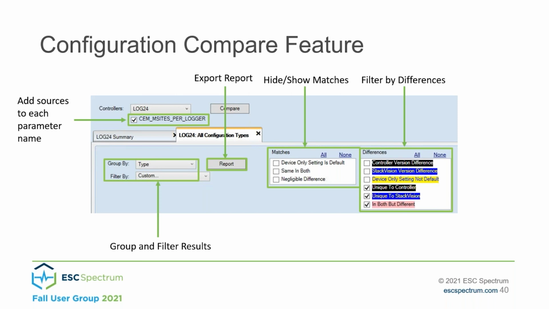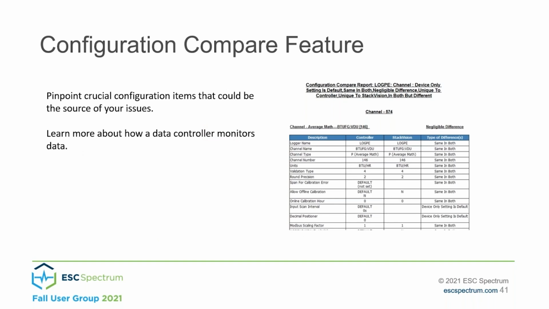You can filter by using the matches and the differences section. This is an awesome tool to pinpoint configuration items that could be causing your data problems. The differences tend to be the main reason why data is behaving abnormally. So once you've identified everything, config compare is the first stop to determining the problem with your data.